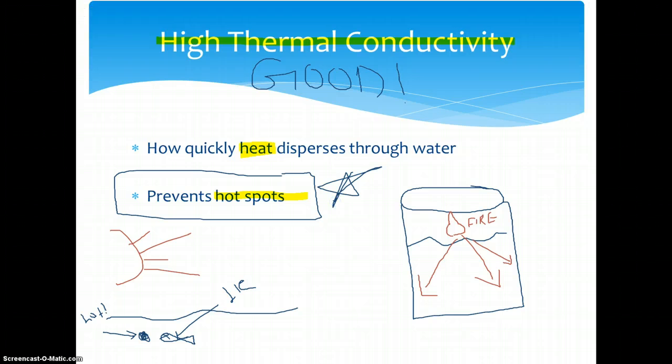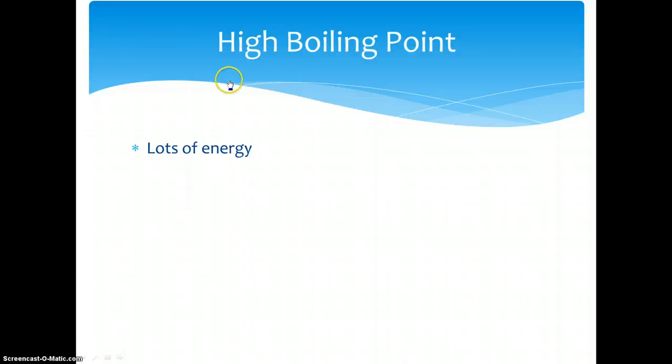Moving on to our next property is high boiling point. Now, high boiling point is again a very unique property of water, and although it is not as high as other liquids, the boiling point of water is 100 degrees Celsius.